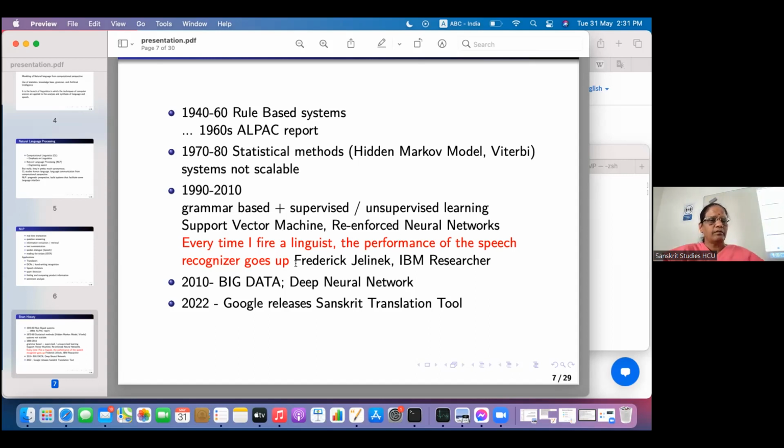Like this, they provided a CD up to 5 grams. So unigram frequency, bigram, trigram, quadrigram, and the 4 gram and 5 gram frequencies they provided. And that was used for improving the statistical based machine translation systems. And that also was used further in big data. I will come to that.